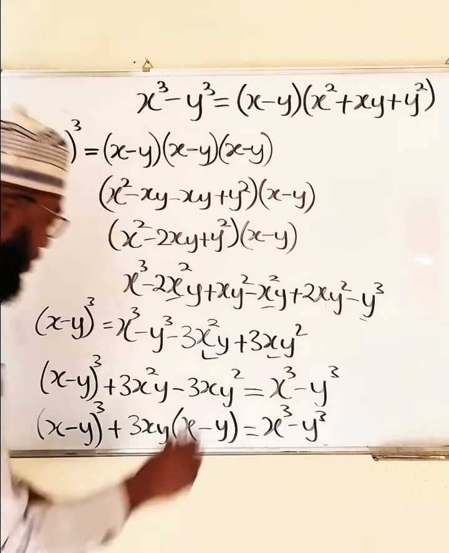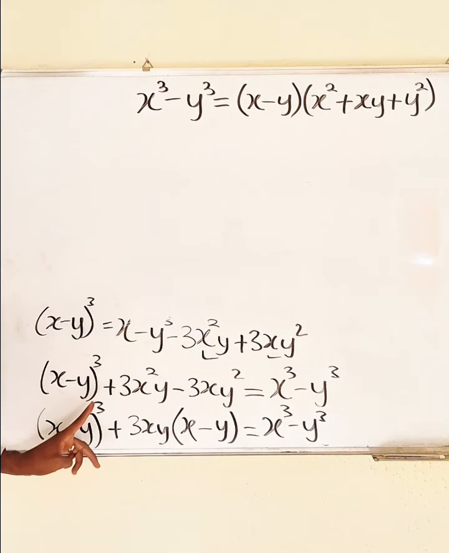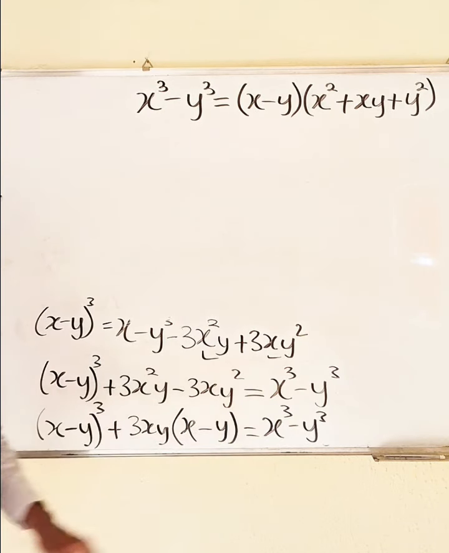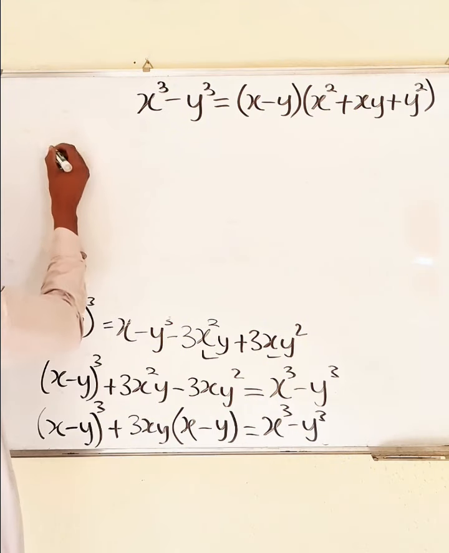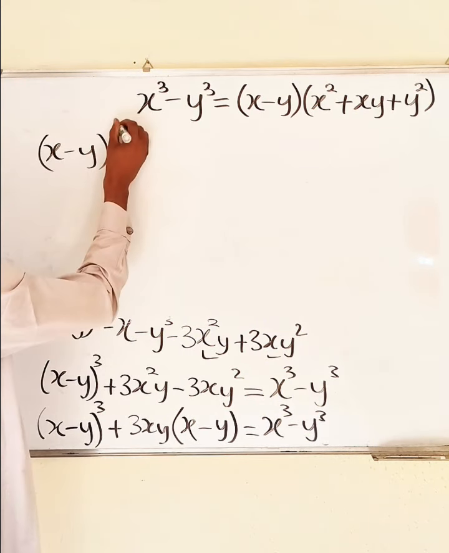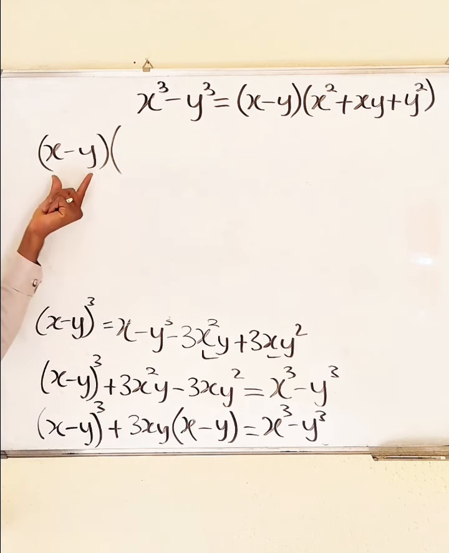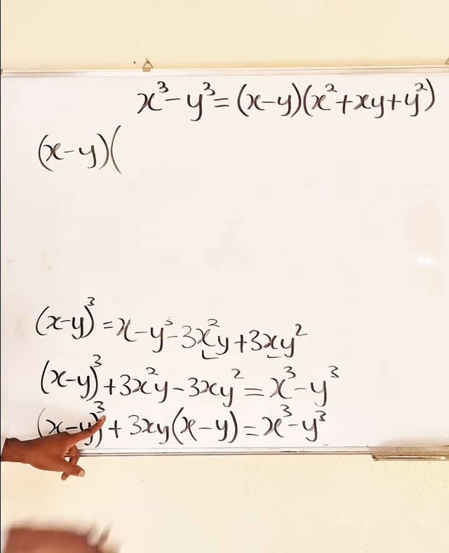All right, let us move to the top. So you can see that we have x minus y here to the third power. We have another x minus y here to the first power. So we can factor out x minus y. So we have x minus y outside. Inside, from the first term, if you take the whole of this, you divide by this, you still have x minus y to the second power because this is initially to the third power.